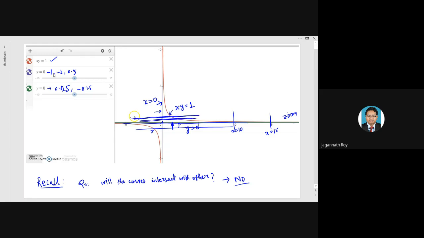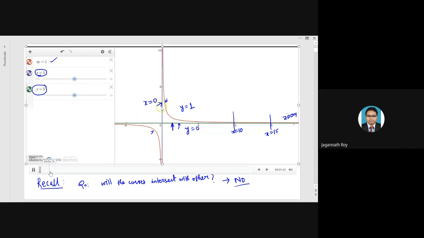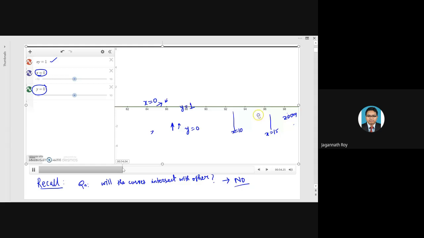And in this case, you will get lines of this form. So that is why you can see that this line is moving when the values of x and y are changing. Except for x equals 0 and y equals 0, all other lines will intersect this curve. You can see here.